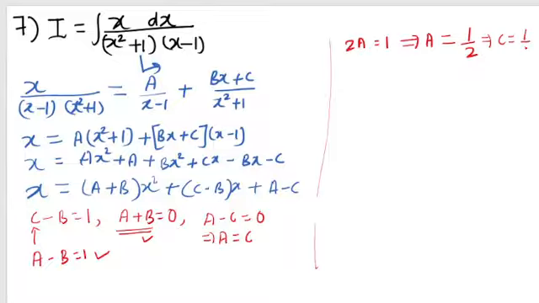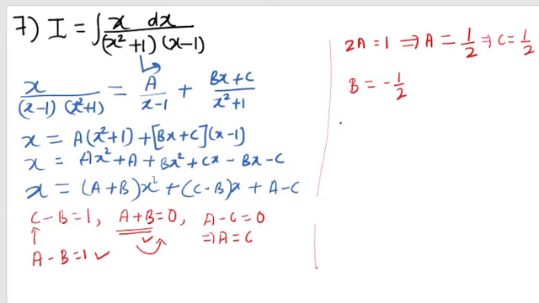But now we need to find the value of b. For finding b, we need to see how a and b are related. From here, if you see, a and b are opposite of each other, so b will be equal to minus 1 by 2.